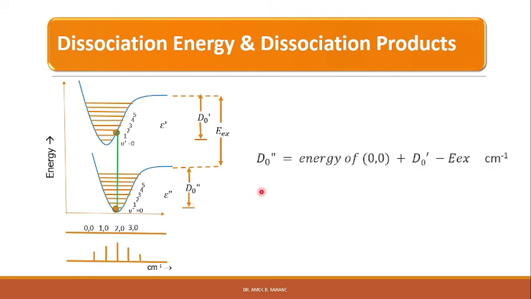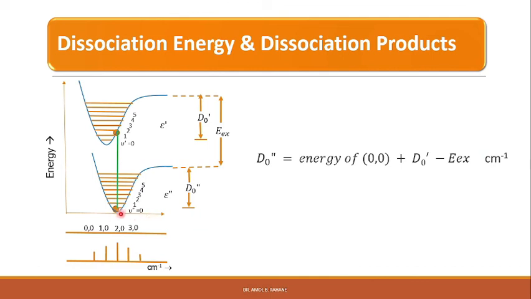So D0 double prime is equal to the energy of the 0-0 transition plus D0 prime minus Exe, right?